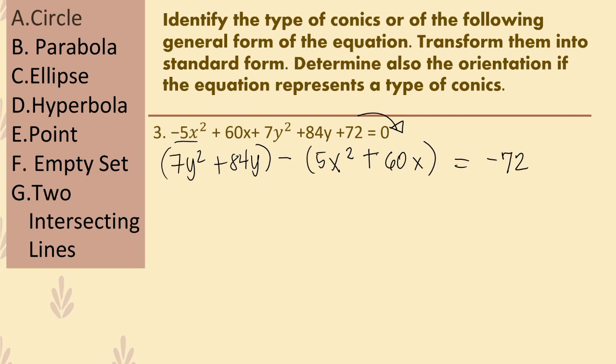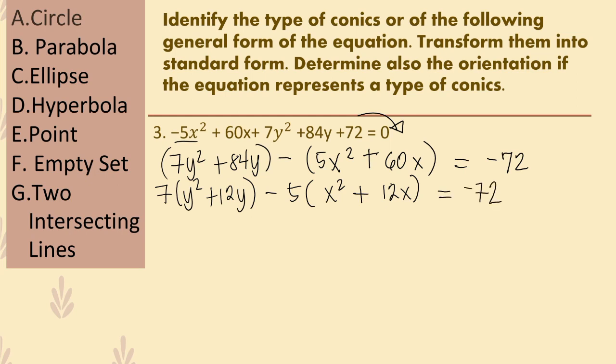Dito sa y's group, labas lang natin itong 7 na to. 84 divided by 7 is 12. Dito sa kabila is labas natin yung 5. 60 divided by 5 is 12. Equal to negative 72. Then, completing the square method ulit.